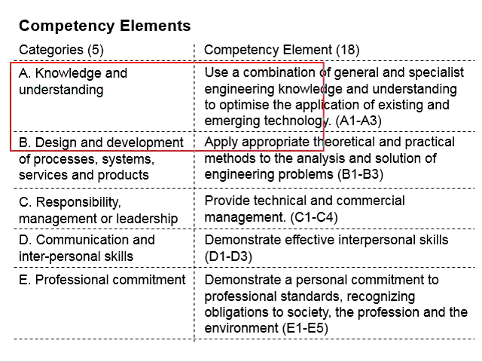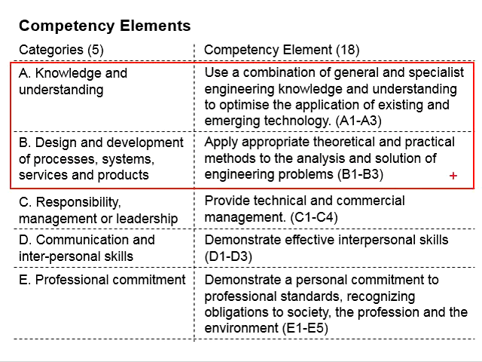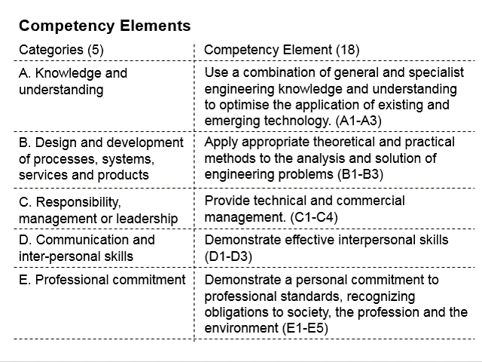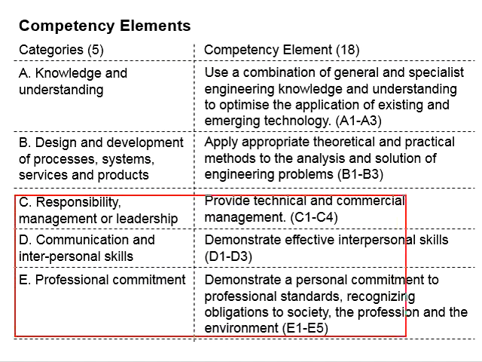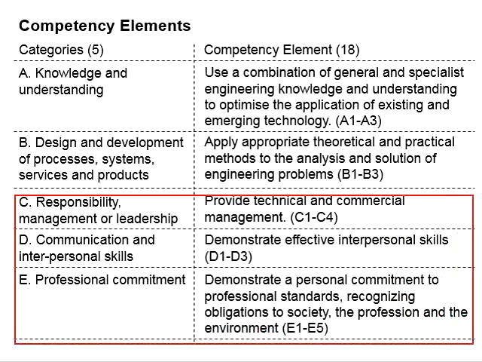The first two categories are meant for the knowledge and skills which are deemed to be required by an engineer. And the following 3 are meant for the qualities of qualified engineers.